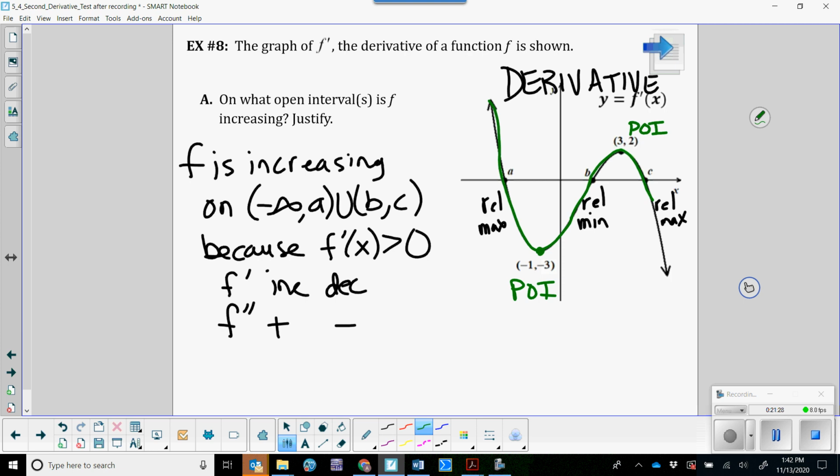You actually could just list both and say that f prime changes from increasing to decreasing or vice versa, because it doesn't matter which one it does. It's not a relative max or min, it's just a point of inflection. So you don't have to say this one does this and that one does that. Now you do for relative max and min, because I have to say it specifically changed from one to the other to be a relative max.